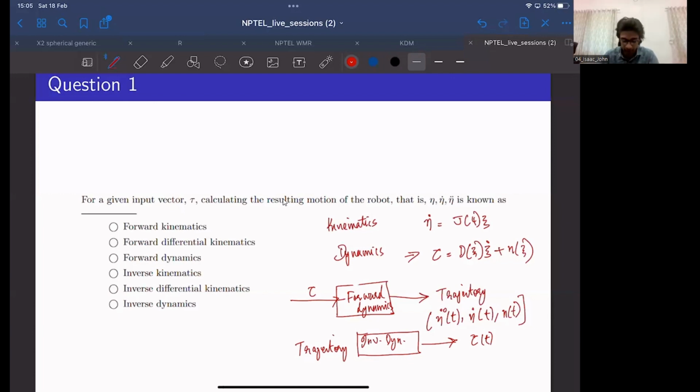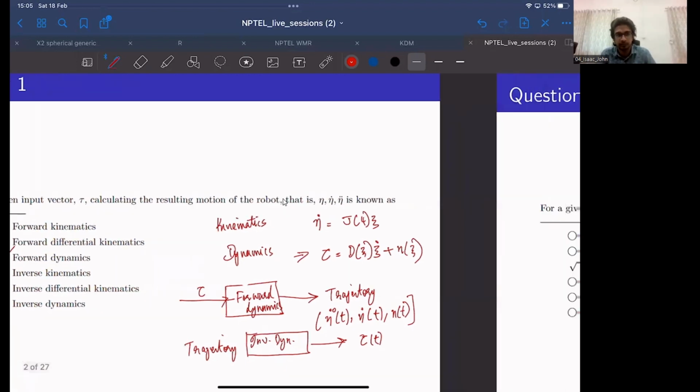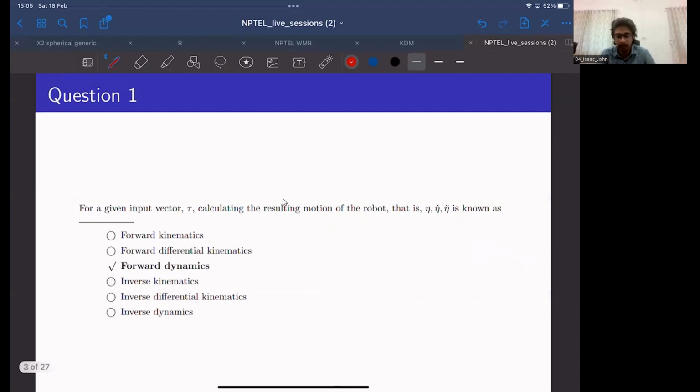So in this regard, the correct answer would be forward dynamics. I hope this is clear. This is a straightforward definition of what the dynamics is. Forward dynamics means finding out the trajectory given the torque vector, and inverse dynamics would be finding out the torque vector given the trajectory.